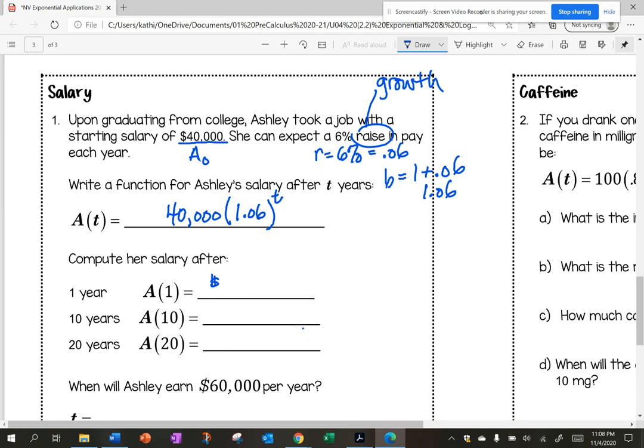So at 1 year, she would be making 42,400. At 10 years, 71,634. And at 20 years, 128,285.